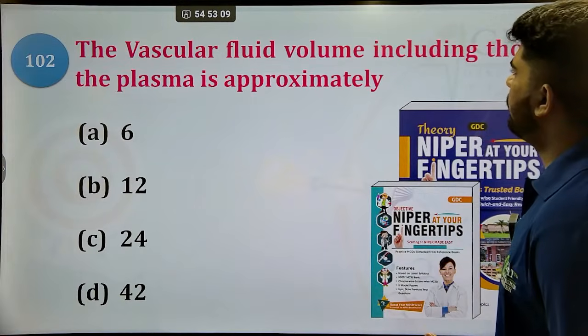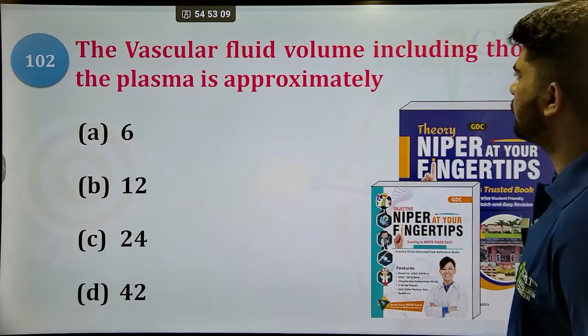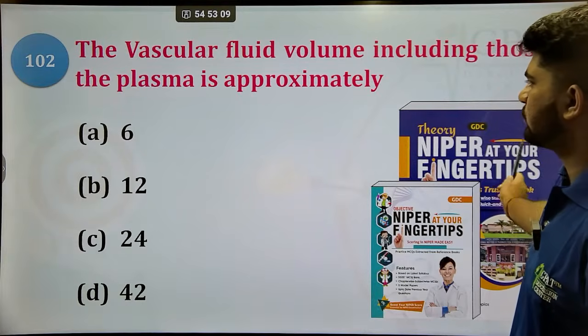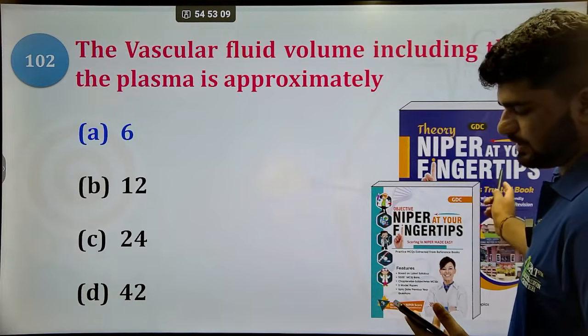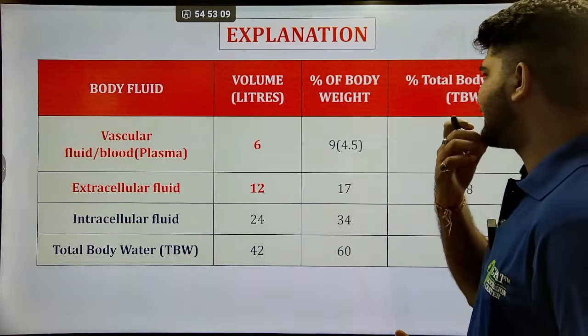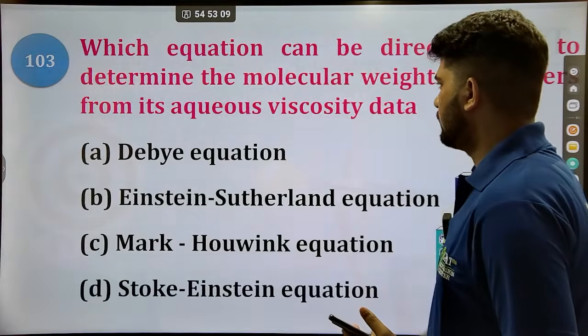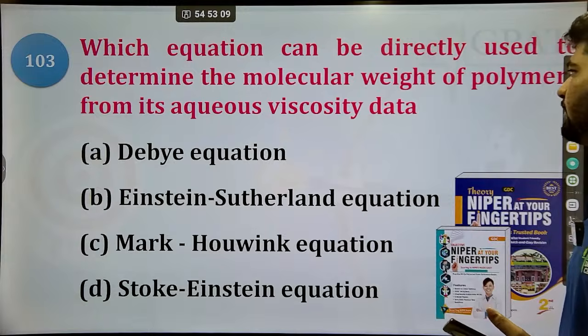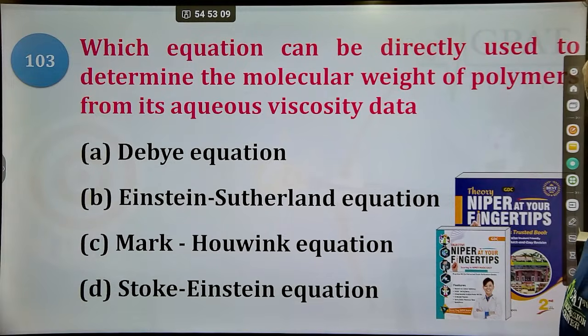Okay, the vascular fluid volume, including those of the plasma, is approximately, that's your 6, right? 6 liters is your correct answer. Now, which equation can be directly used to determine the molecular weight of polymer from its aqueous viscosity data?